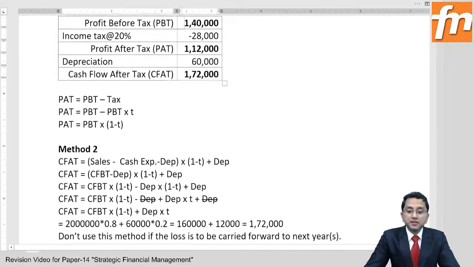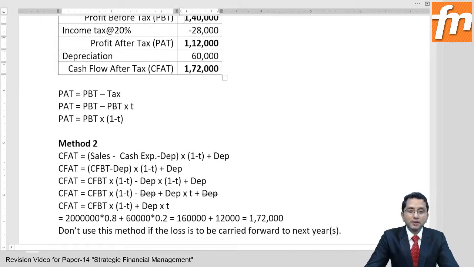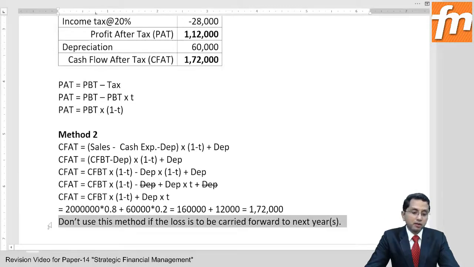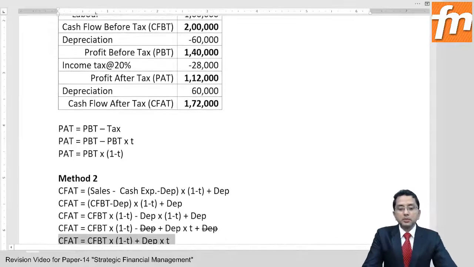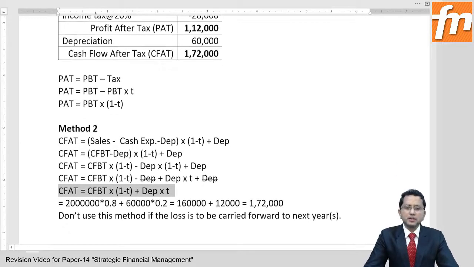This is setting off the loss in the same year from the profit of any other business, right? But what if this is my only business? It's a new company. In that case, I need to carry forward the loss. While in this method, there's an inbuilt, mostly the major reason for loss remains depreciation. Besides business loss, the major reason for loss remains depreciation. In this calculation, we are taking tax benefit on depreciation.